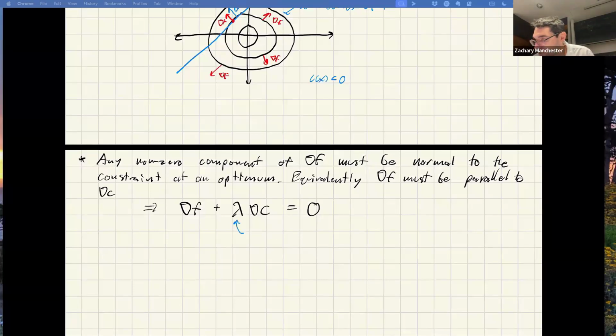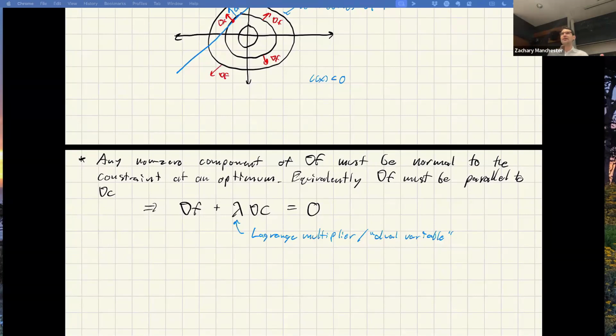What lambda is doing is impedance matching the lengths. Grad f and grad c are vectors, and for this equation to be true, I have to be able to find some scalar lambda that makes the equation work out. Okay.